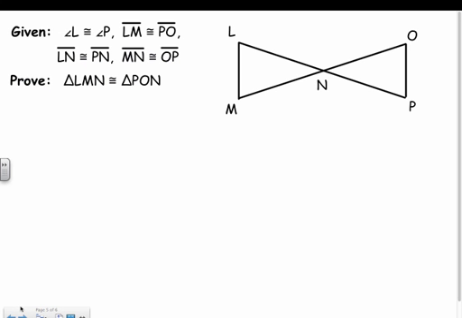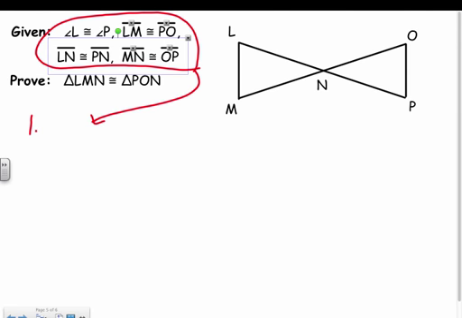So I'm given a bunch of stuff here. I'm just going to circle all this and say that's coming down here. That's given, just to save you some time. So that's given. And let's mark some stuff on my picture here.